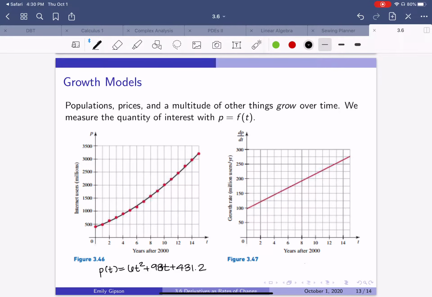So we know that that's a quadratic. Our red dots are data points. Our black line is the line of best fit.